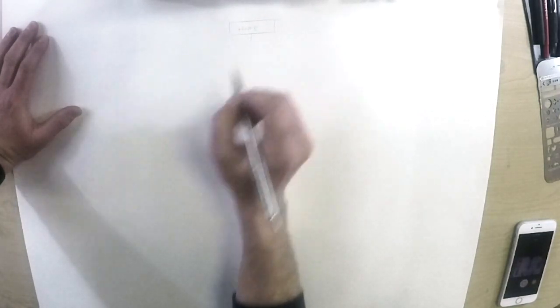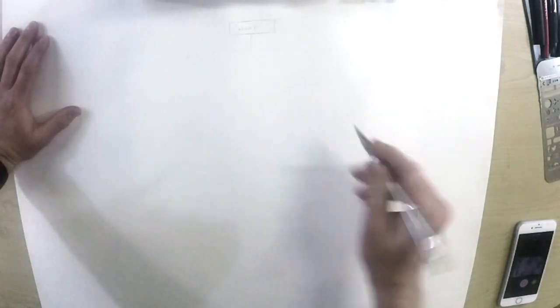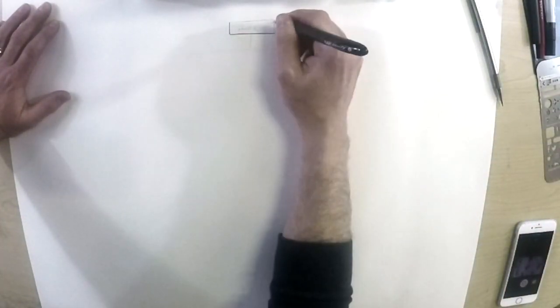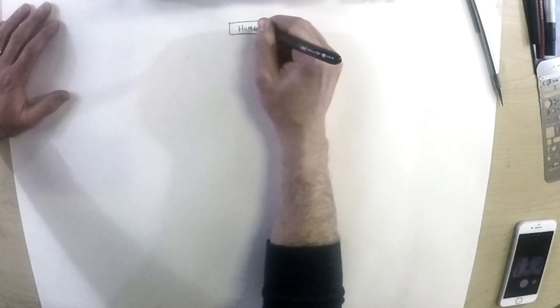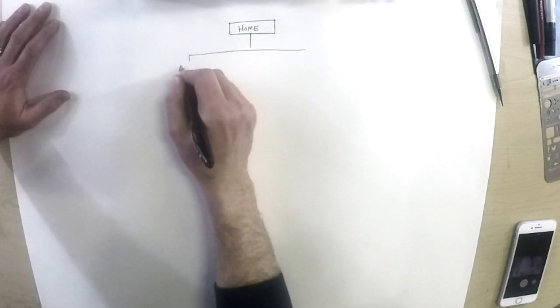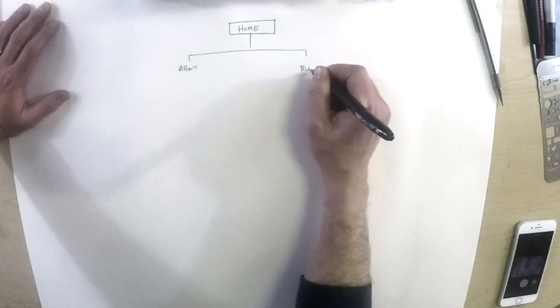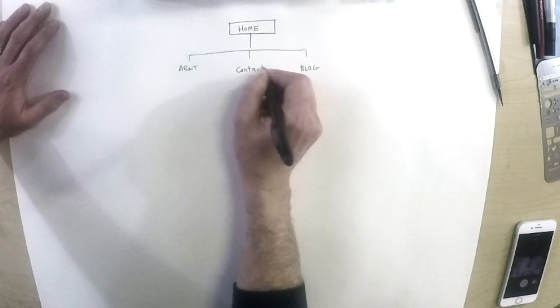And I know that's really hard to see with pencil in this setting, so I'll come in and just do black, very bold, and see how much easier that is to see. And we'll have an about page, maybe we'll have a blog, maybe we'll have a contact page, right?